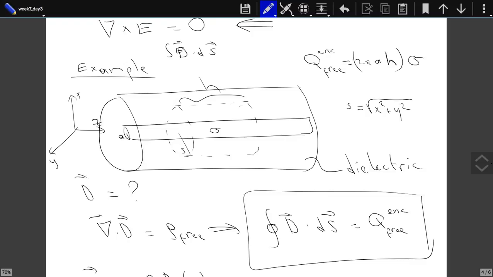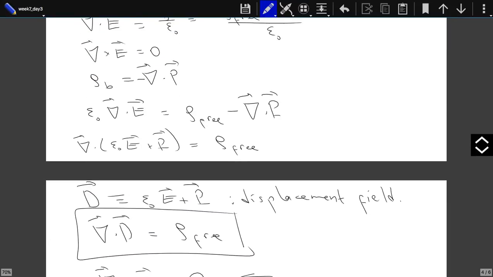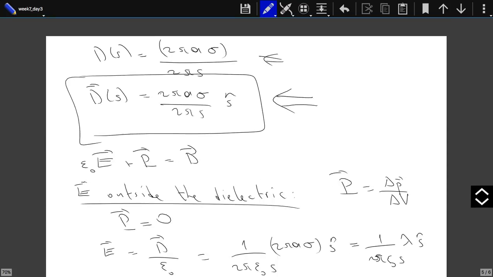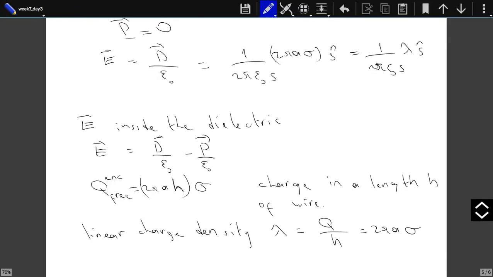I mean, lambda is nicer mainly because it has a resemblance to our previous results of an infinite wire. That's why I switched to lambda rather than sigma, just to make the resemblance more apparent.